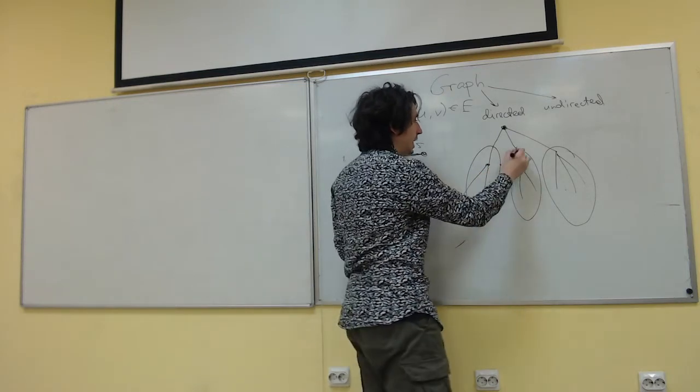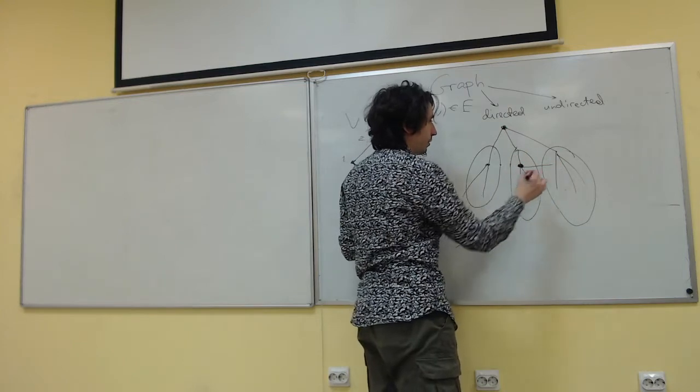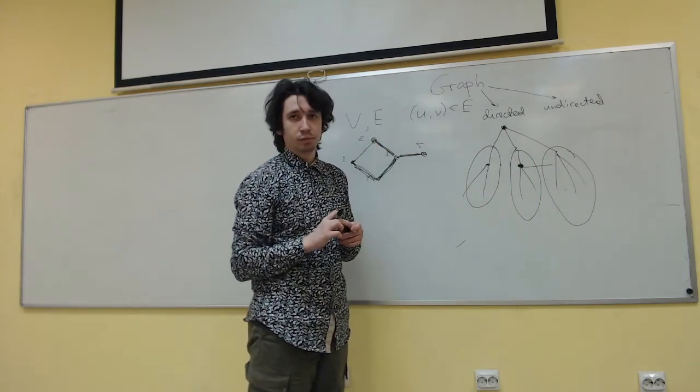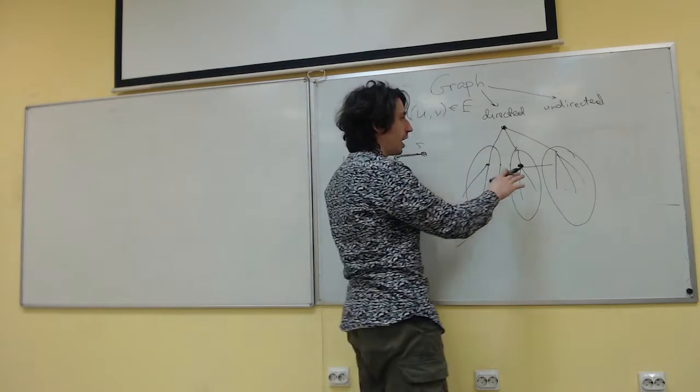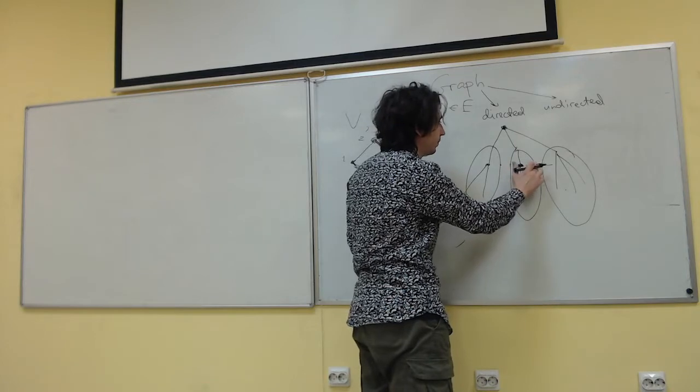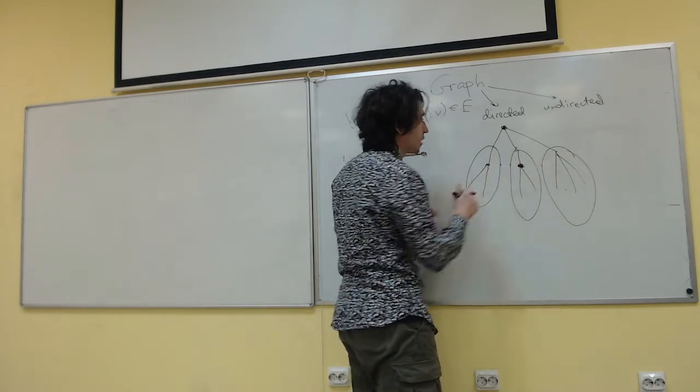Can it be to the right subtree? It also can't, because otherwise that vertex would be in that subtree. So where can the edges go only?